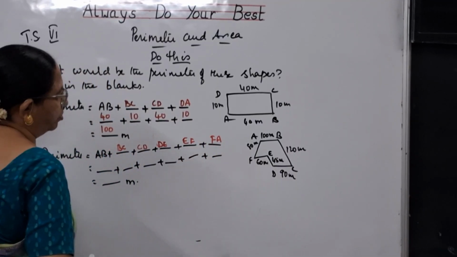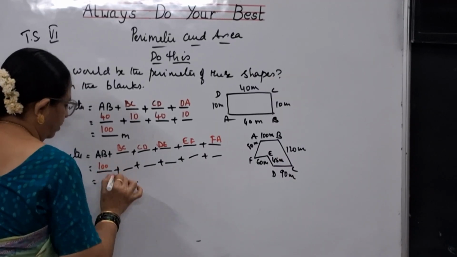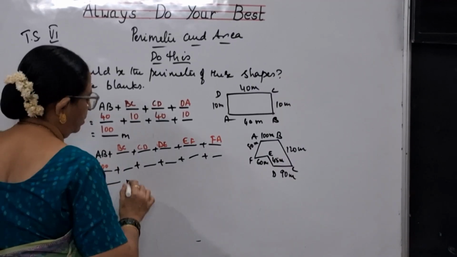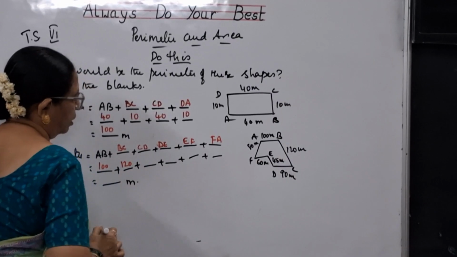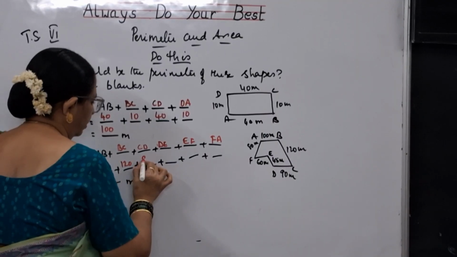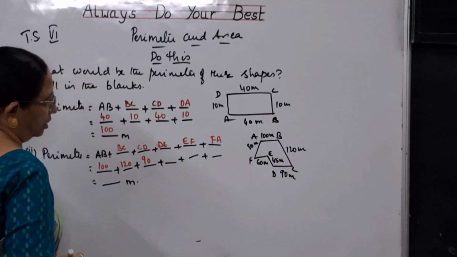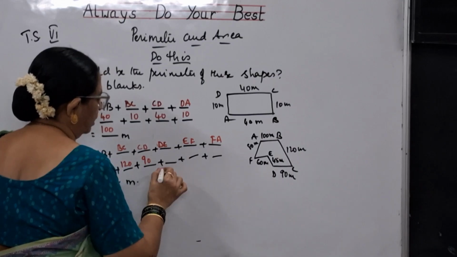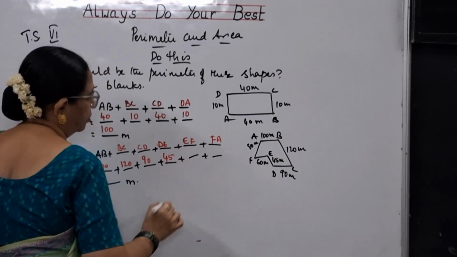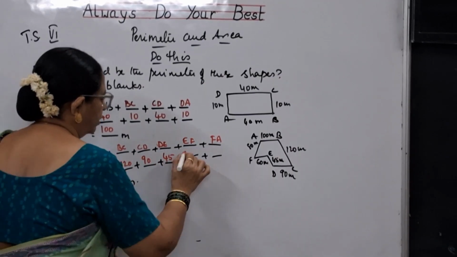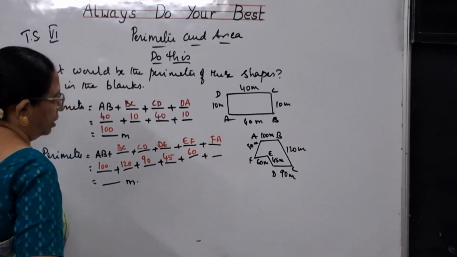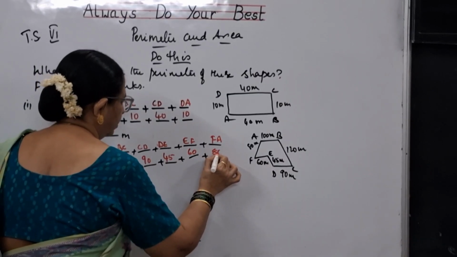Okay, what is AB measure? 100, and BC measure 120, and CD measure 90, and DE measure 45, EF measure 60 and FA measure 80.